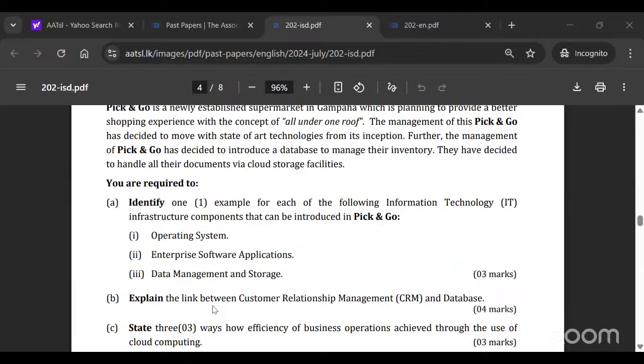Section B: explain the link between customer relationship management and the database. CRM, we have given separately in the study pad.